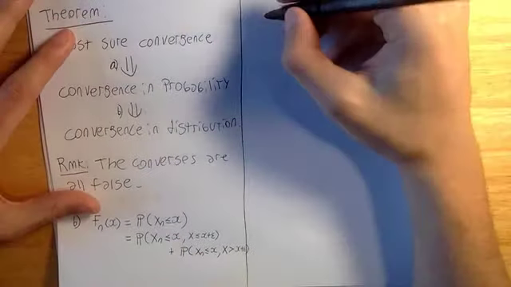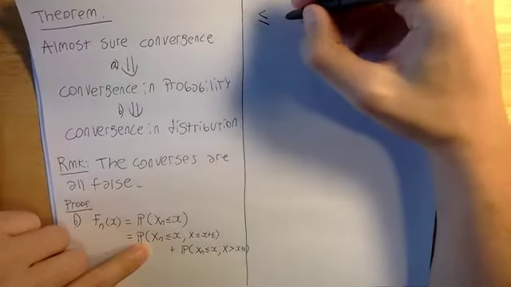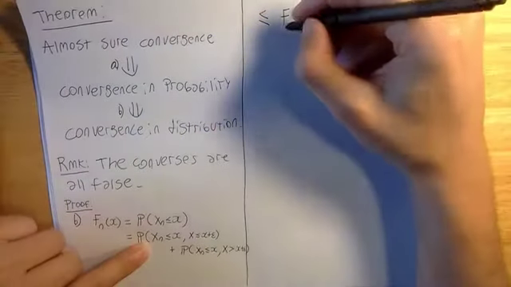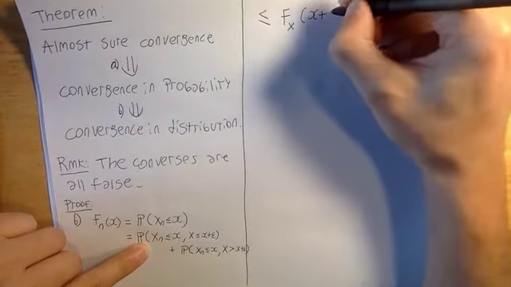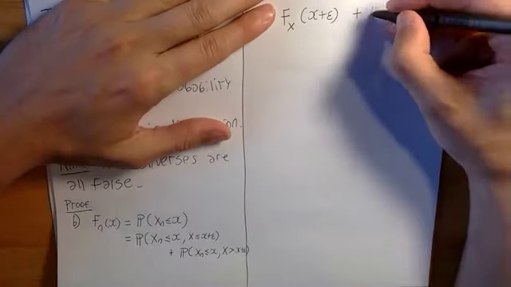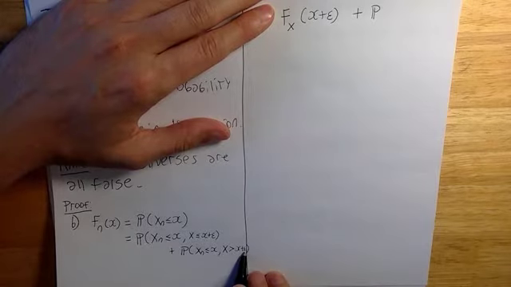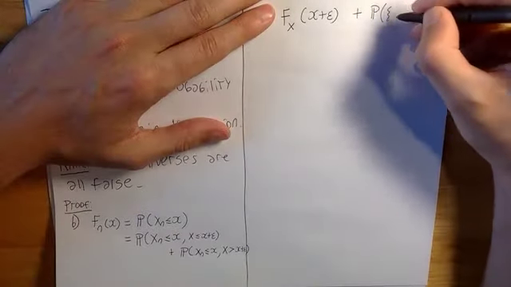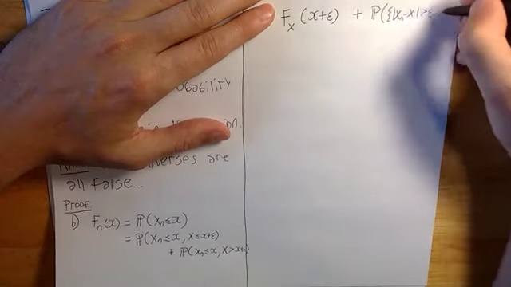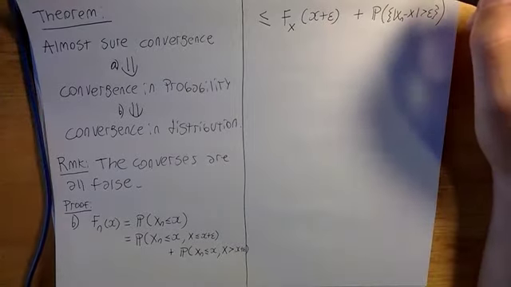This implies that the first term is less or equal than the distribution function for X, F of X at x plus epsilon, plus the probability. The point is that in this set, Xn and X differ at least by epsilon: the probability that |Xn minus X| is bigger than epsilon. So that's one of the inequalities.